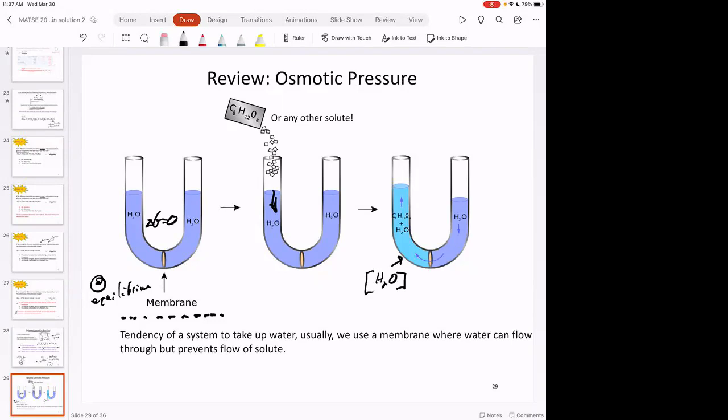And so the concentration of water on this side is higher. And this is set up with a membrane, so our glucose can't diffuse through the membrane to equalize the concentration of glucose on both sides and go back to equilibrium. And so water moves from the high concentration side of water to the low concentration side. And in this setup, it moves towards the solute.